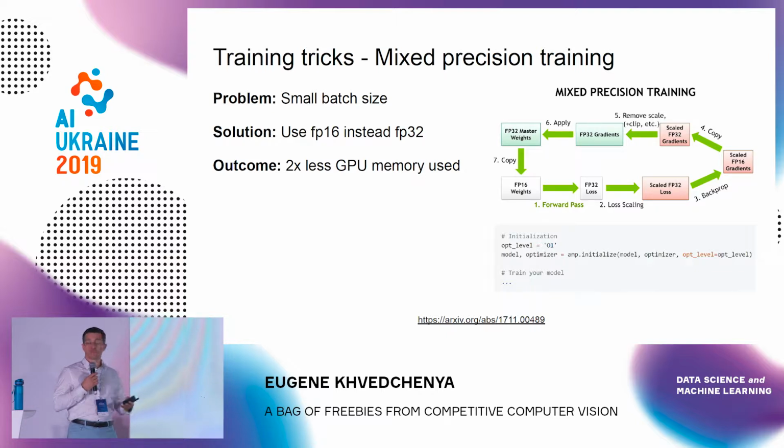So not only do you get 2 times more space, but your calculations also get faster, which is also cool, right? This trick is becoming more and more popular on Kaggle, and unless you're using some really unstable model, it works just out of the box.